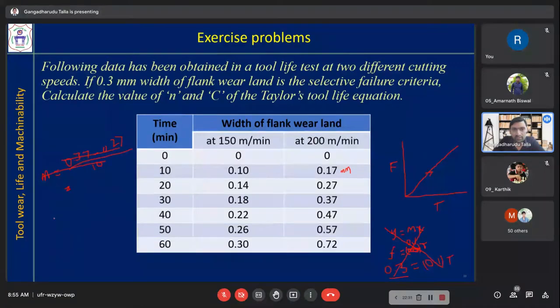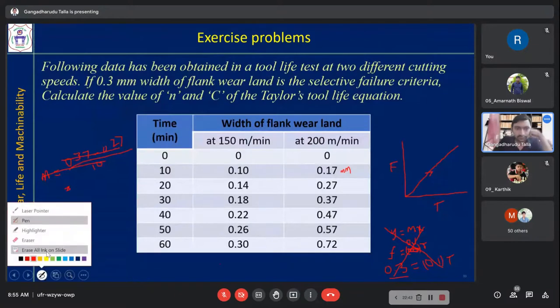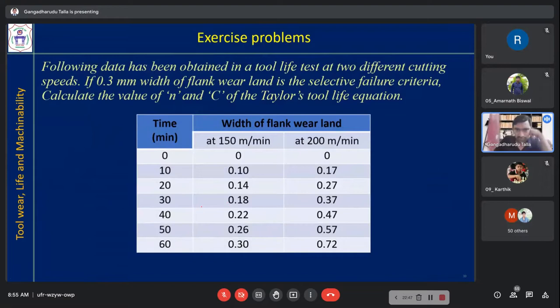Anyhow, whatever you have done is correct, I agree. So equate the slopes. Maybe mathematically, is there any mistake here? I am not getting it. Okay. So equate the slopes. So you are getting 23 minutes. Yes, sir.